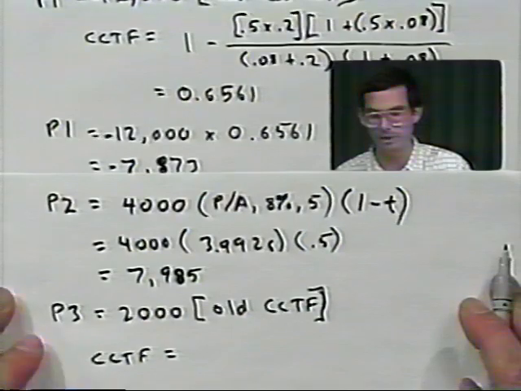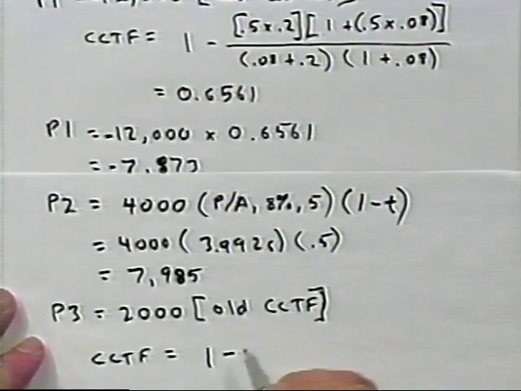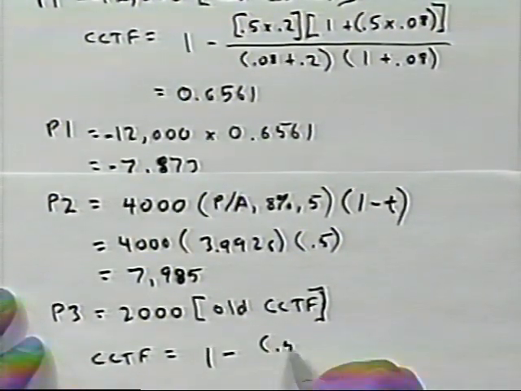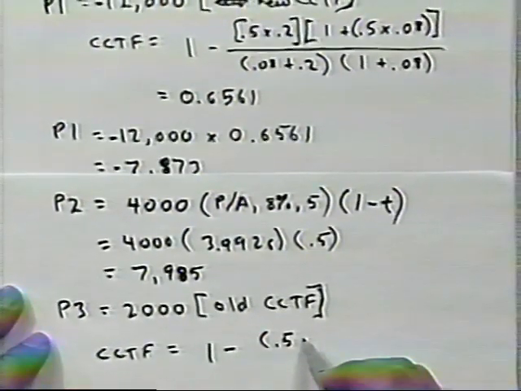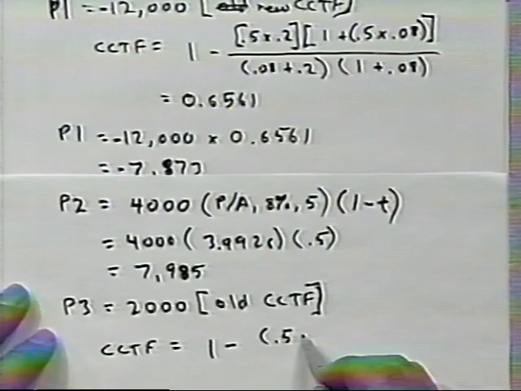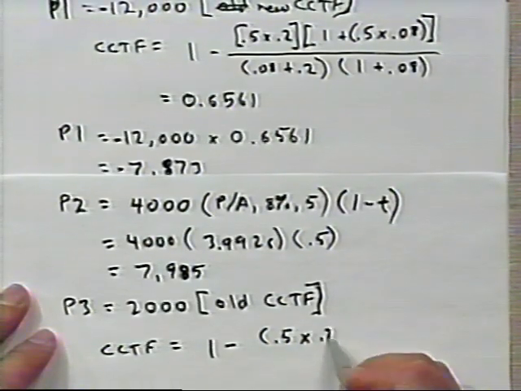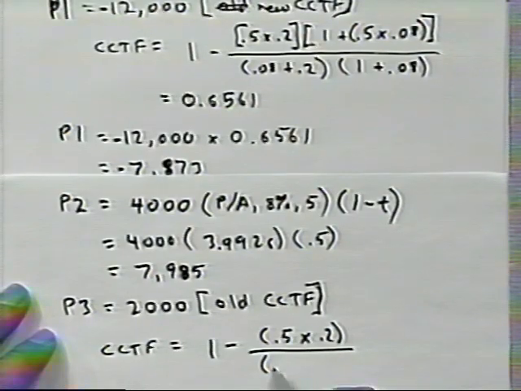Now, at least this is a little bit easier. It's 1 minus the tax rate T of 0.5 times the depreciation charge of 0.2 divided by the interest rate of 0.08 plus the depreciation charge of 0.2.